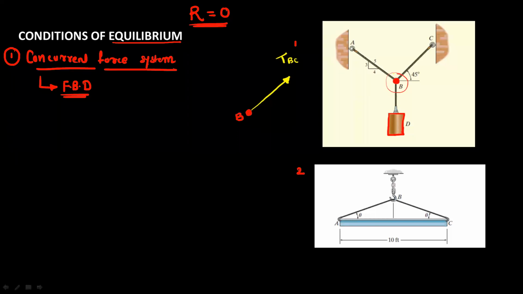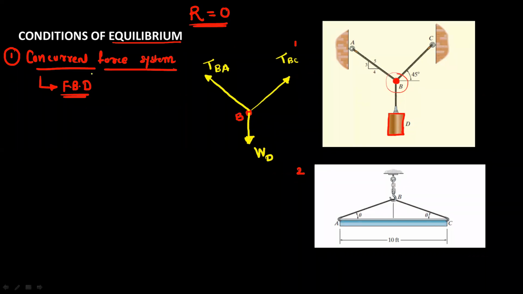Second is tension AB, or this is tension BA. And at point B, there is one object, and this object will have some weight. So this is WD, the weight of the D object. This is called a free body diagram. In the free body diagram, we show the forces or the reactions.